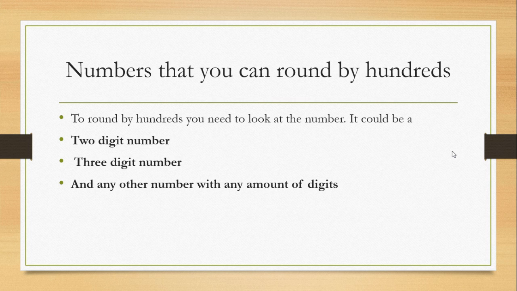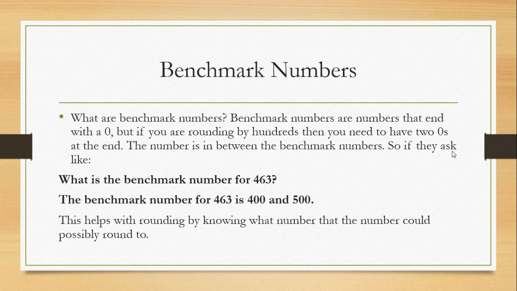Numbers that you can round by hundreds. To round by hundreds, you need to look at the number. It could be a 2-digit number, a 3-digit number, and any other number with any amount of digits. Benchmark numbers. What are benchmark numbers? Benchmark numbers are numbers that end with a zero.